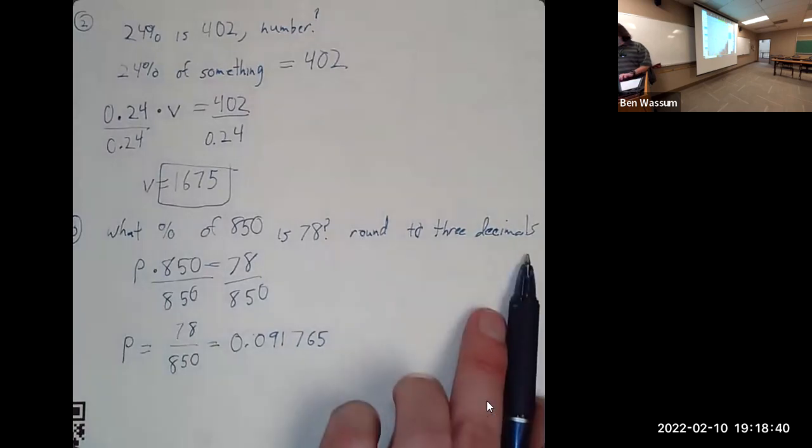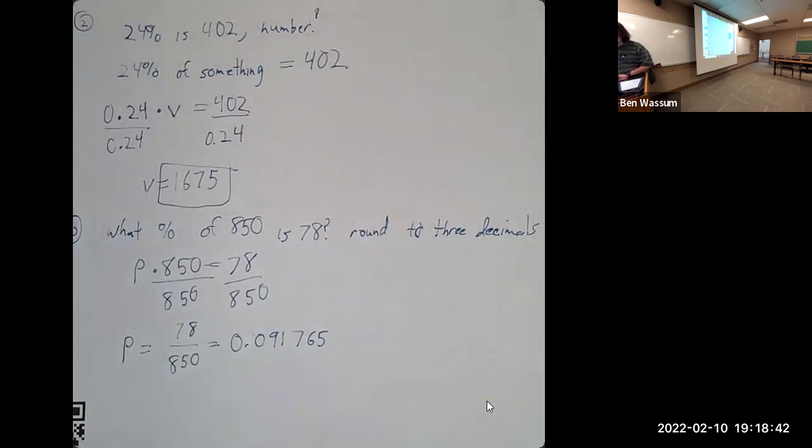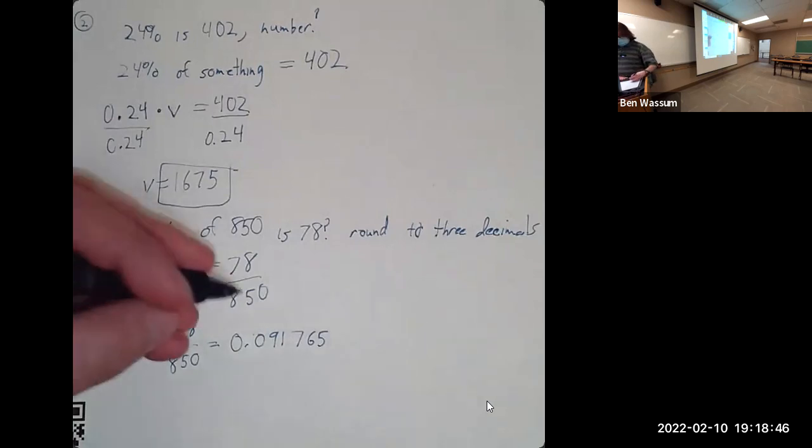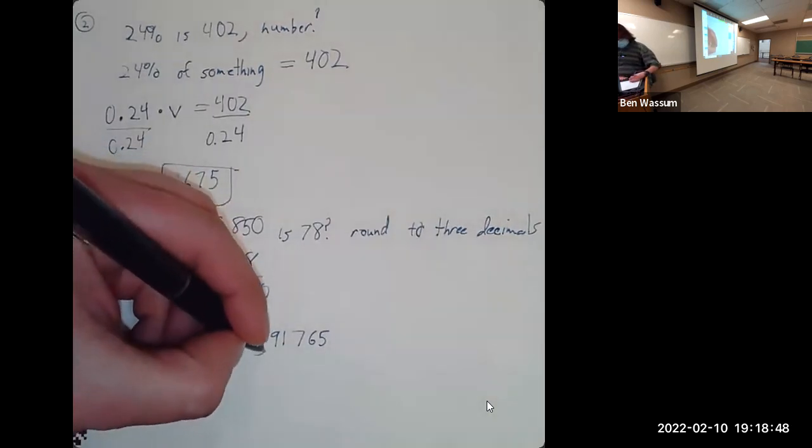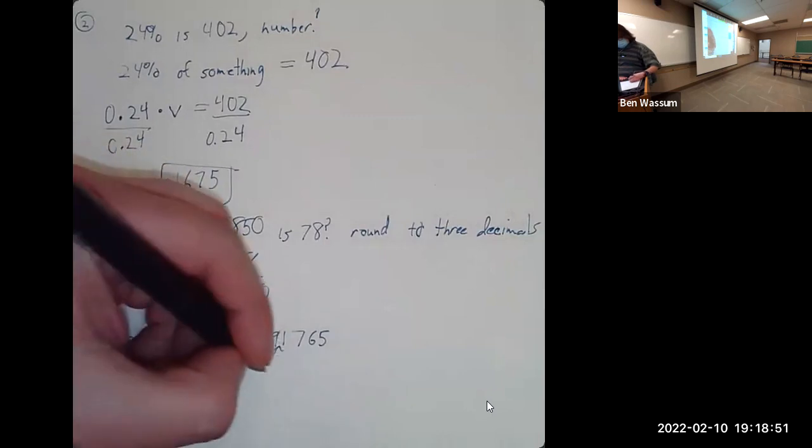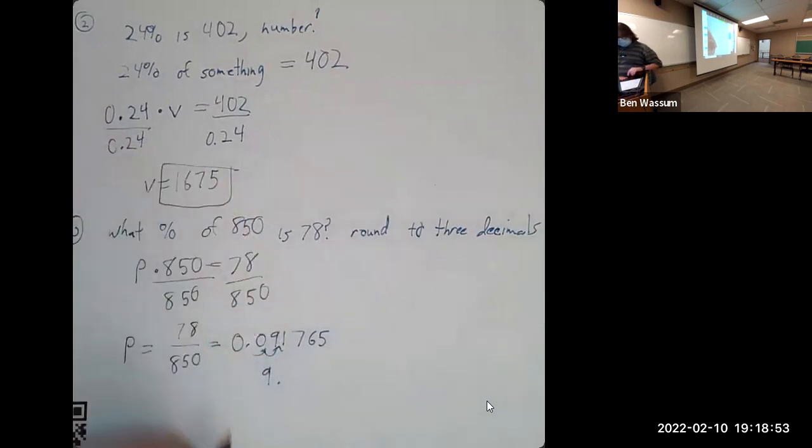Rounding should be your absolute last thing you're doing if you're giving a rounded answer. So this guy shifts over twice. And I'd have 9 points. At this point, 1, 2, 3, this is the decimal point place I'd want to round to.